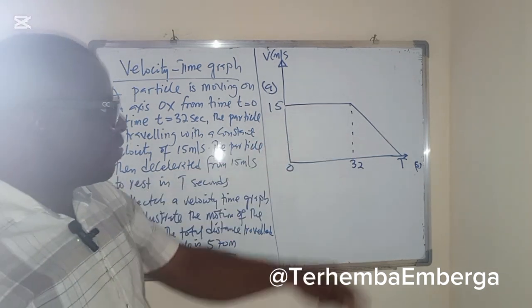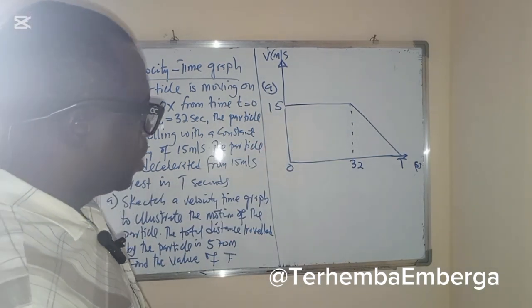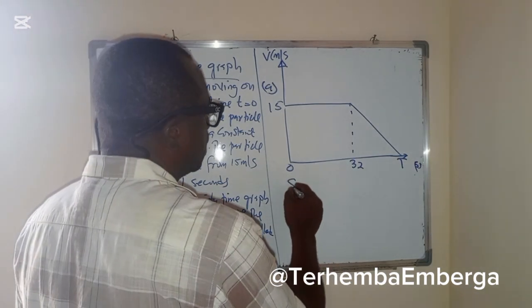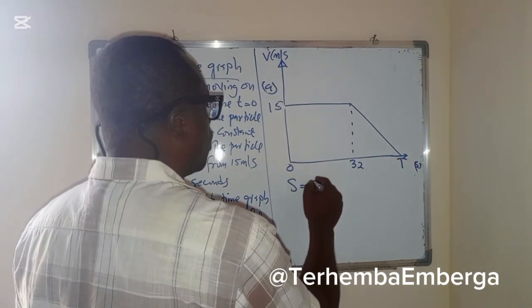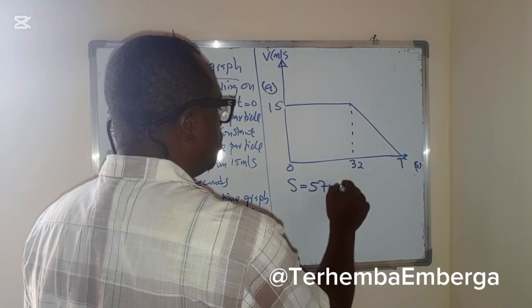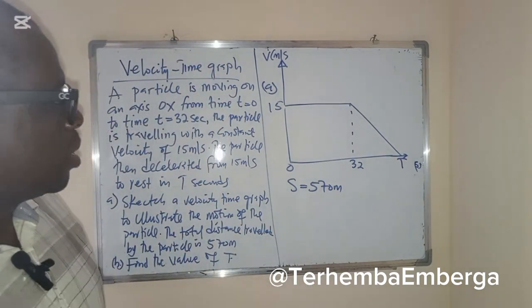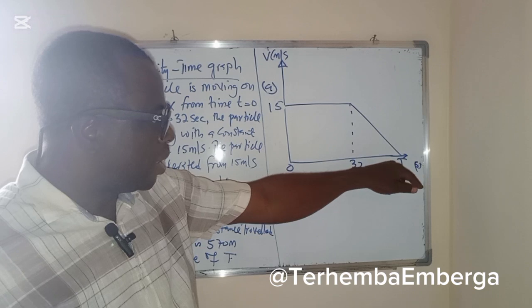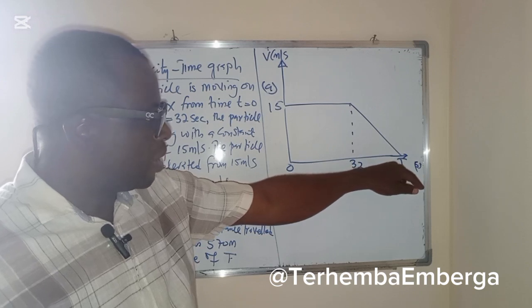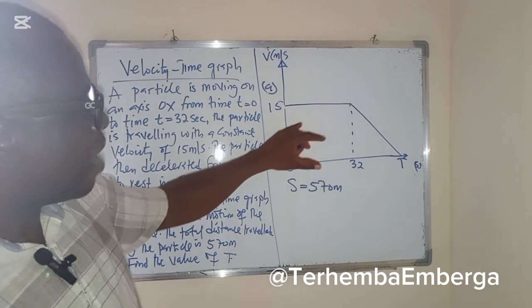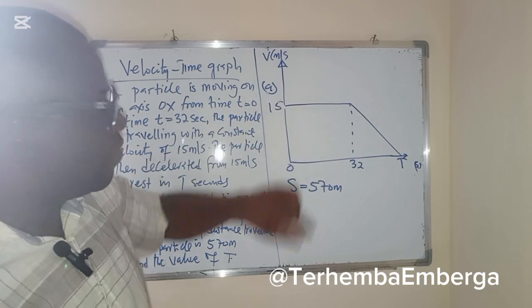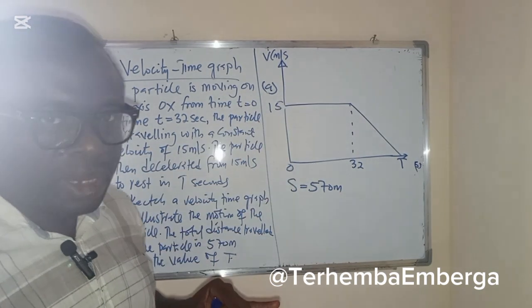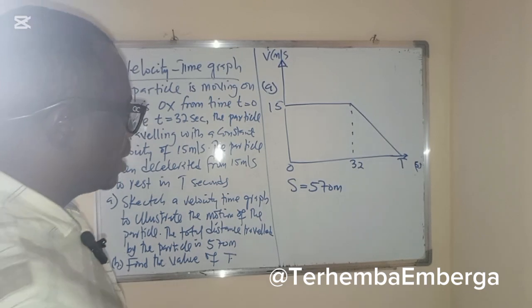We know this is the shape of a trapezium. So the total distance covered, S, is equal to 570 meters. So to get the value of t here, we have to state the formula of a trapezium, which will help us to calculate the total distance.